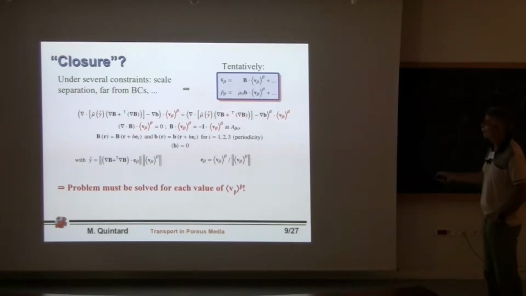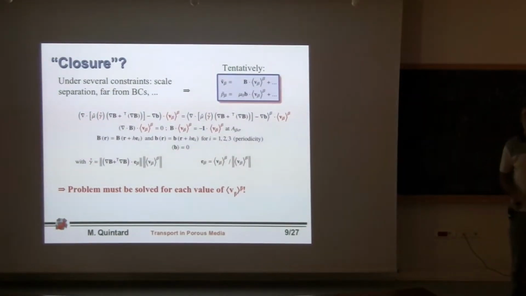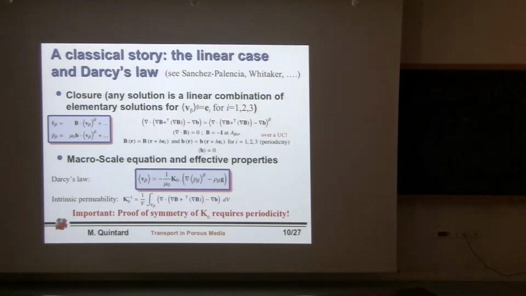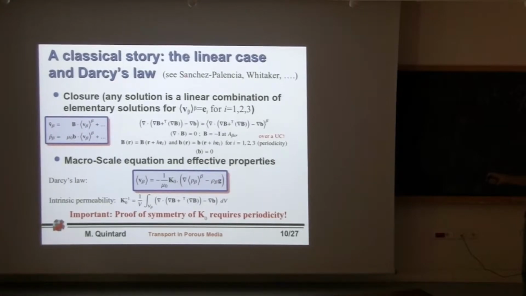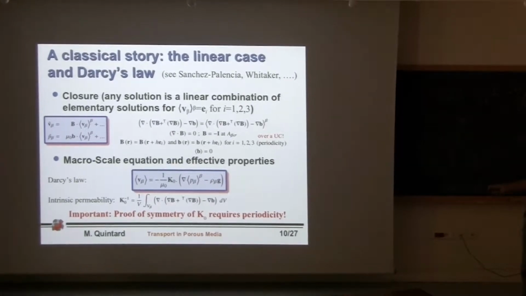And therefore, the only thing I know is that I have a relationship between the gradient of the average pressure and the velocity. In the linear case, we already saw Darcy's law, so we have that.